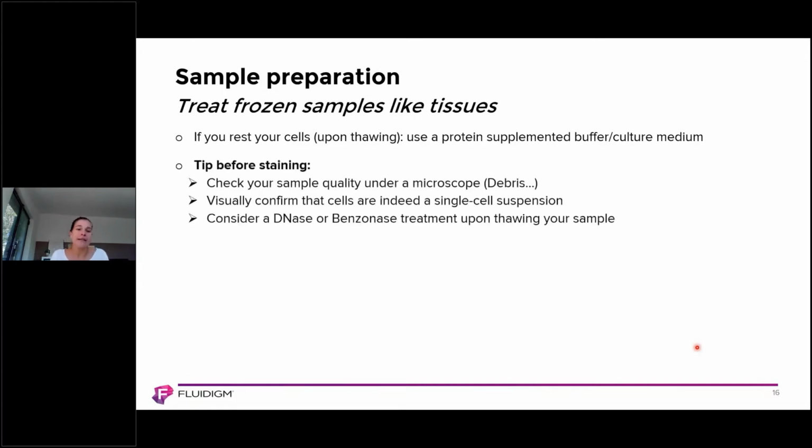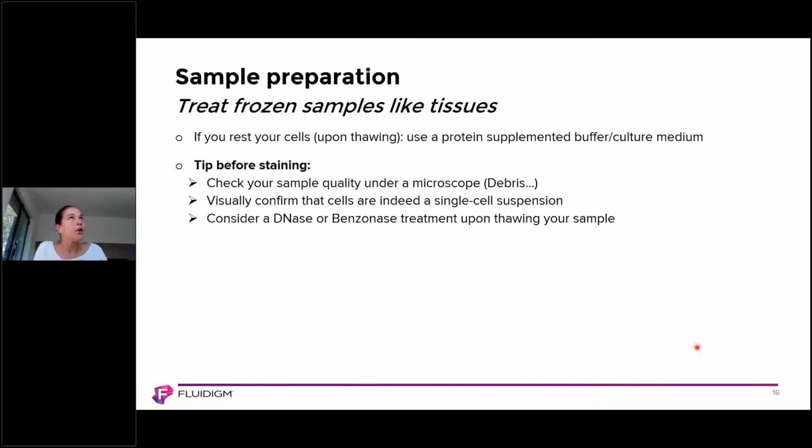And after that, just be really careful of the amount of the debris. So always check your sample after thawing under a microscope. Always confirm that cells are in a single cell suspension, so that you do not have a lot of clumps. And if you need it, use a DNase or benzonase to avoid these clumps.